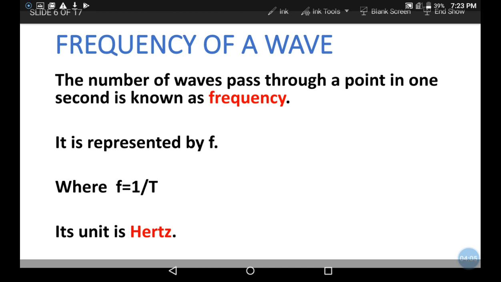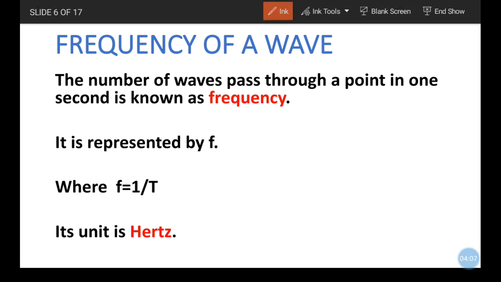Frequency of a wave. The number of waves that pass through a point in 1 second is known as frequency. For example, 5 waves pass through a point in 1 second. It means its frequency is 5. For example, 10 waves pass through a point in 1 second, so its frequency is 10 Hertz.